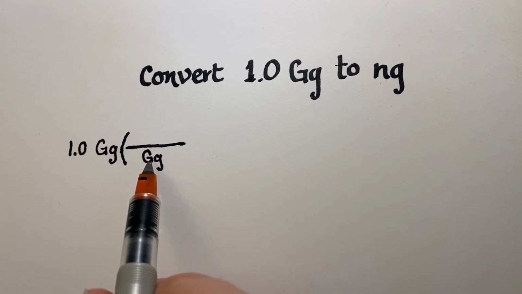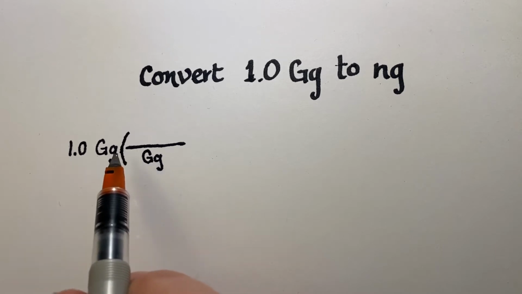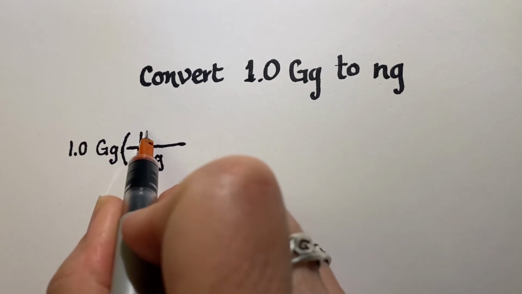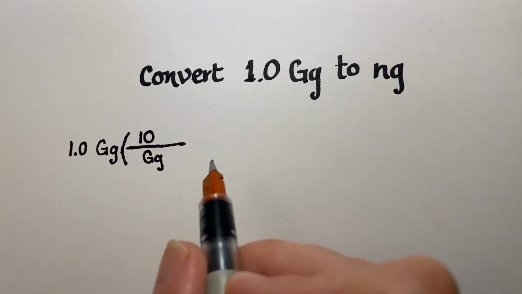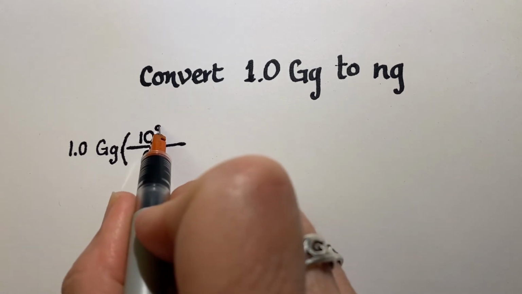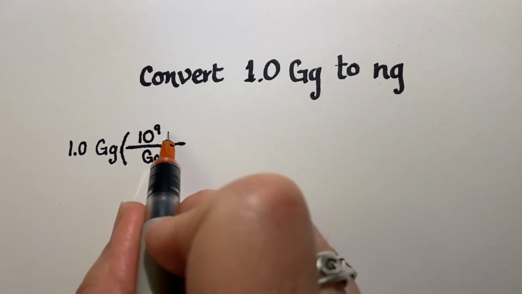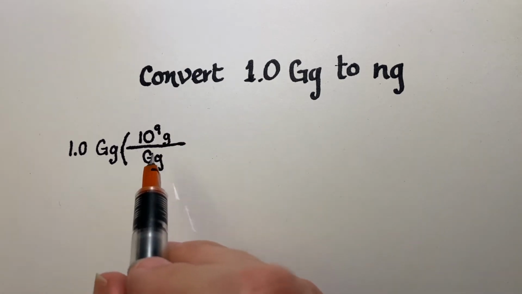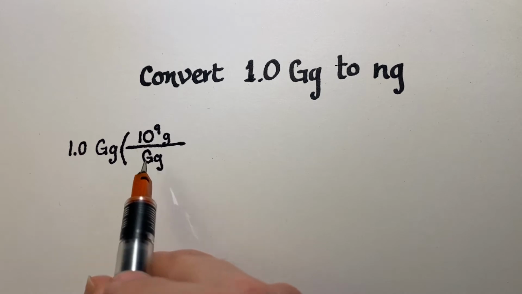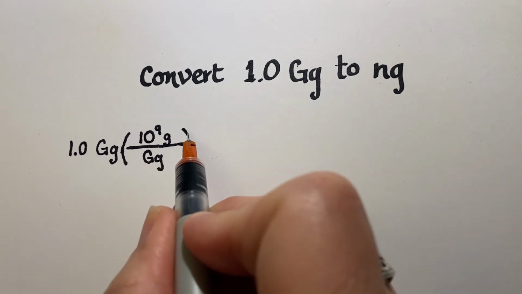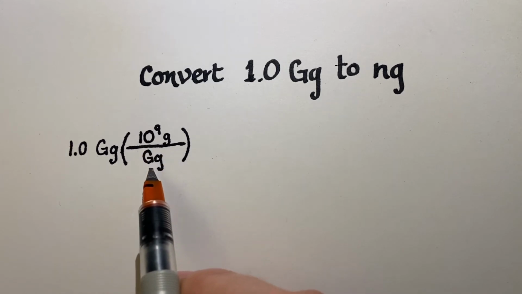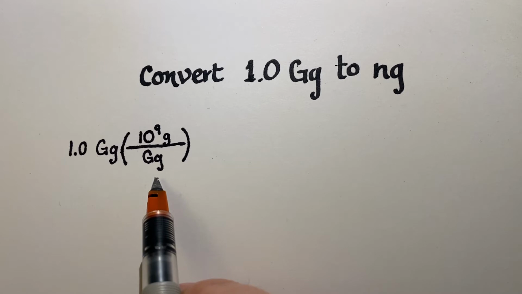So let's think again. How many grams are in a gigagram? Depending on whether you're required to memorize it or you can just look it up, you would see that there are 10 to the 9th grams in 1 gigagram. So you can make this a ratio. These two are equal to each other, and since they are equal, this ratio essentially equals 1.